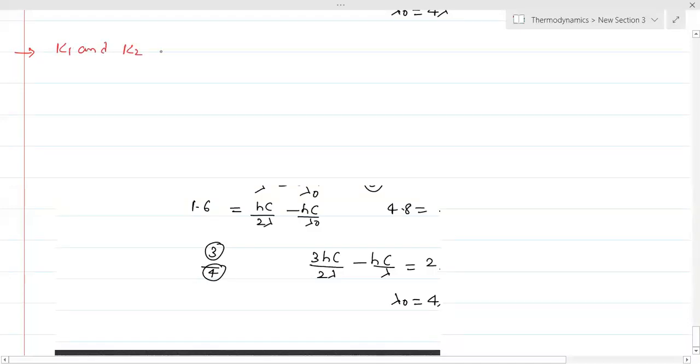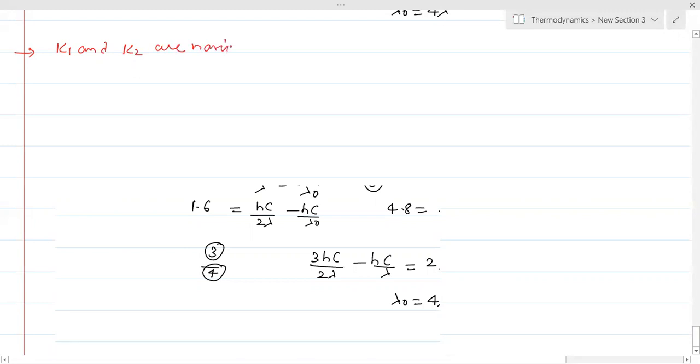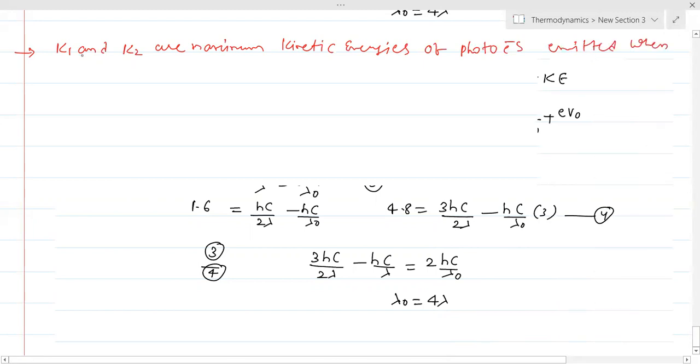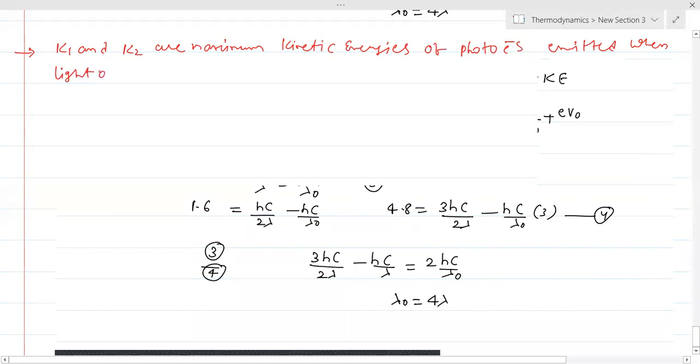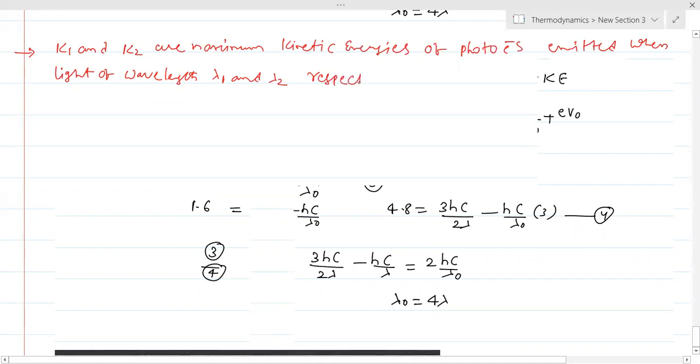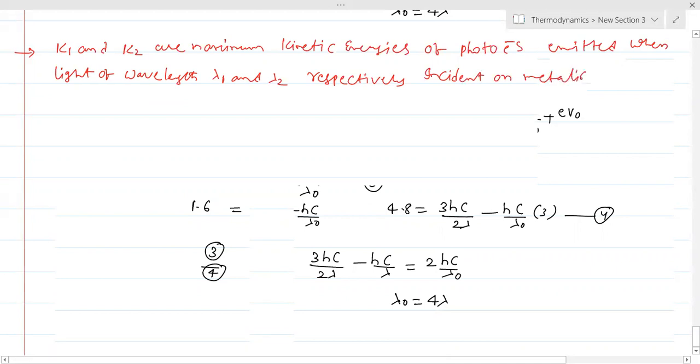So here I am taking K1 and K2 as the maximum kinetic energies of photoelectrons emitted when light of wavelength lambda 1 and lambda 2 respectively is incident on a metallic surface.